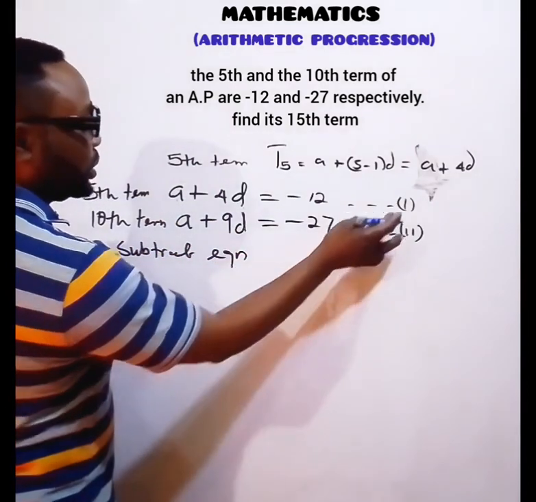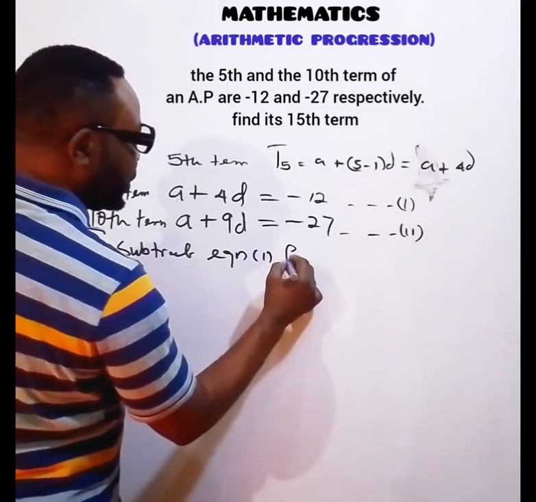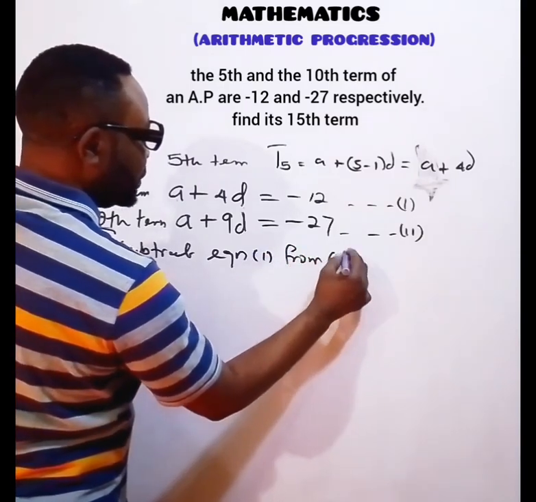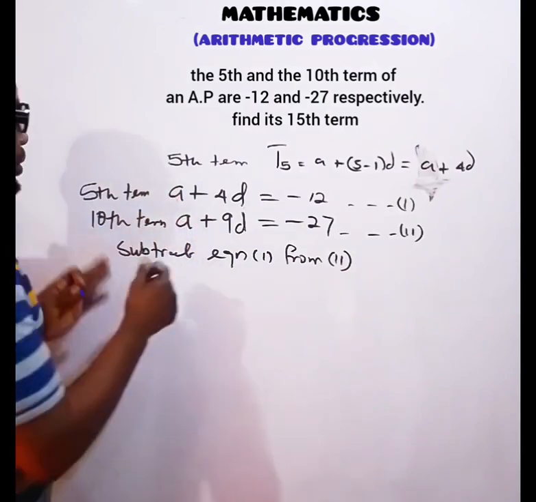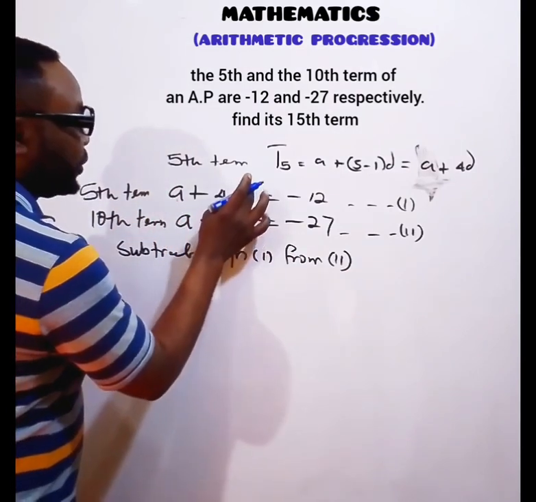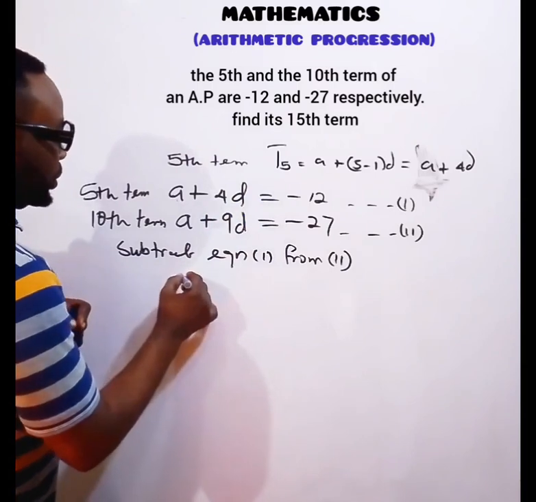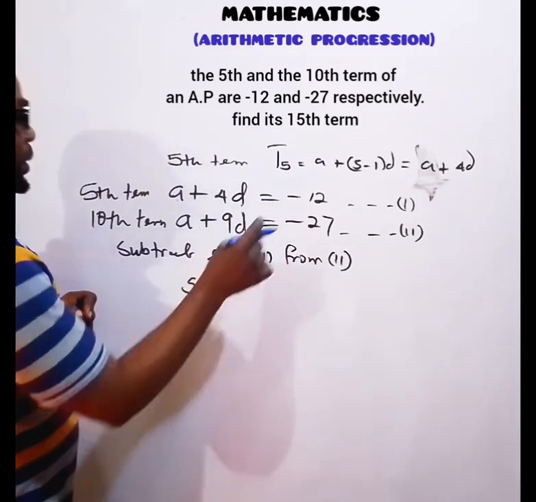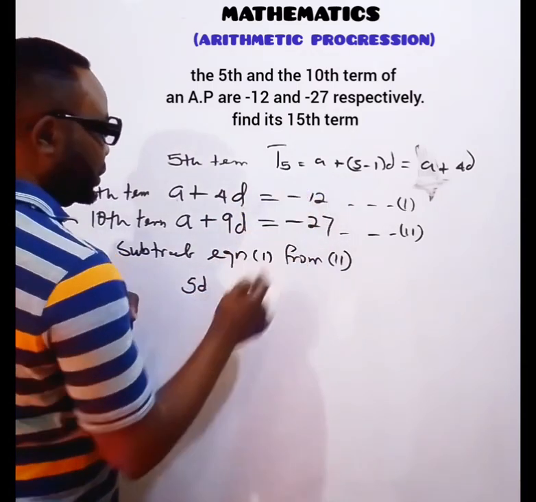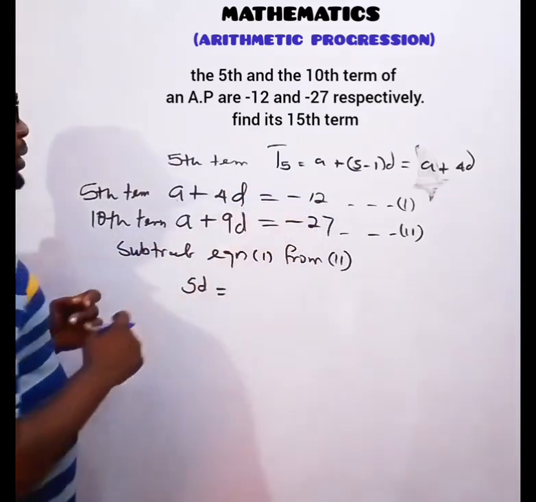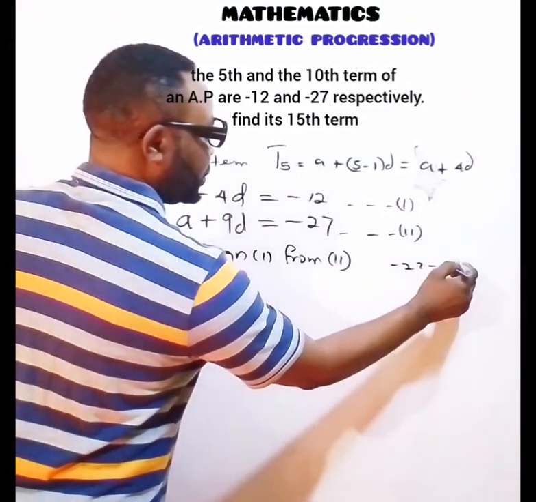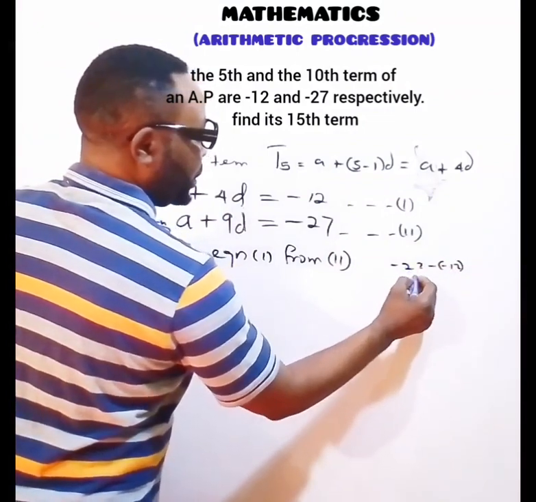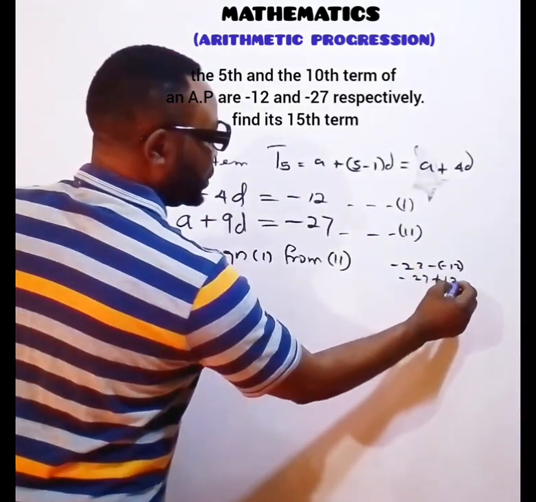equation 1 from 2. When you are subtracting equation 1 from 2, a minus a will be equal to 0. Subtract 4d from 9d, that will be equal to 5d. Then subtract this minus 12 from minus 27. We have minus 27 minus minus 12, which is minus 27 plus 12.